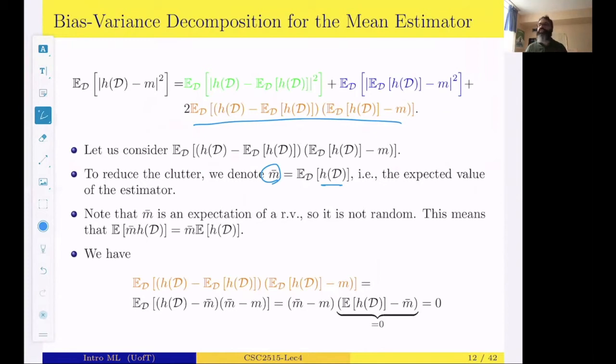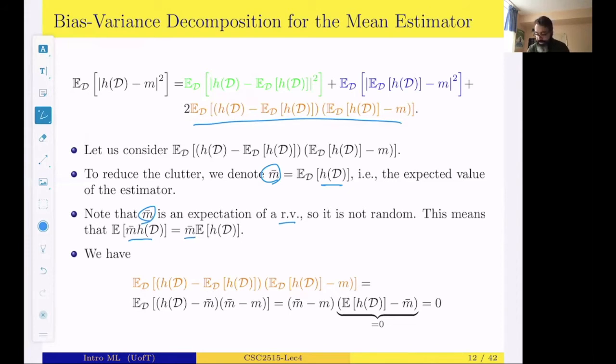In general, it is not the same. So m bar is the expectation of a random variable, so it is not random, as I said on the previous page. So if we have expectation of m bar times h of d, m bar can come out and be placed outside the expectation because m bar doesn't have any randomness in it.